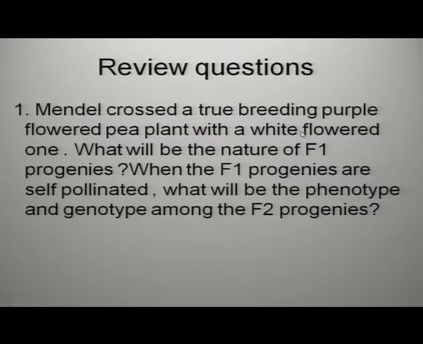From this hint, it is easy for you to identify the type of cross. It is a monohybrid cross, and here the clue is already given that the parents are true breeding. True breeding means homozygous. So, we can solve this problem in the following way.